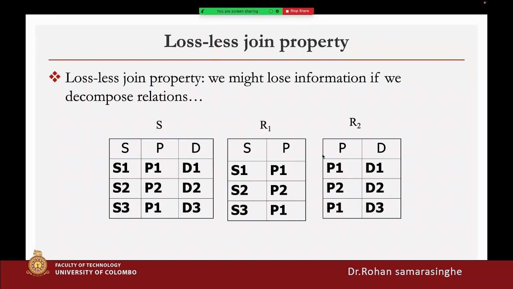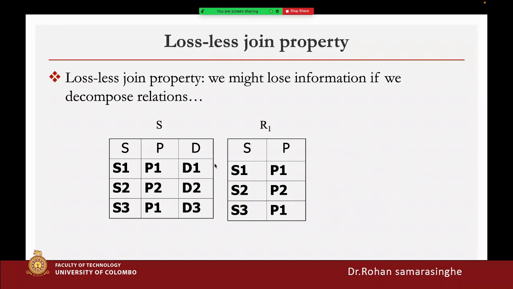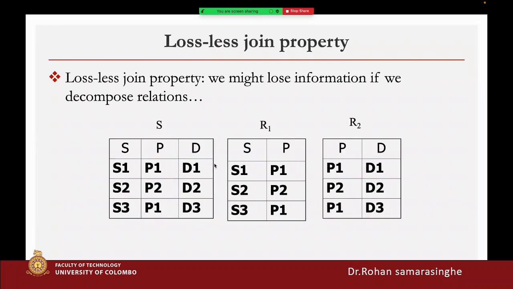When you combine R1 and R2, you get S1 P1 and P1 D1, S2 P2 and P2 D2, S3 P3 and S3 P1 and P1 D3. So no information would be lost while composing these two. This is called the lossless join property.